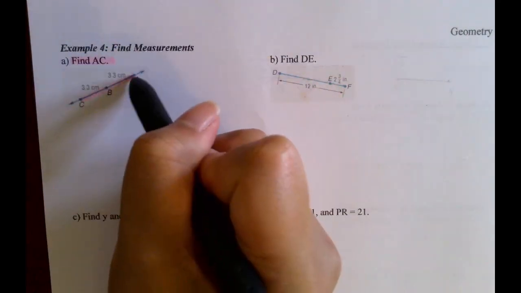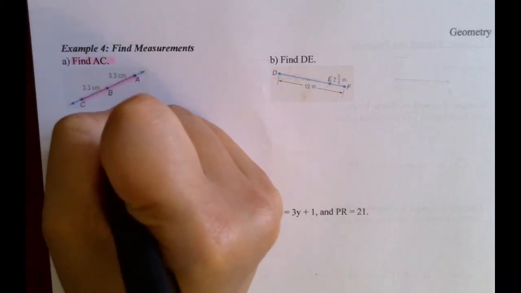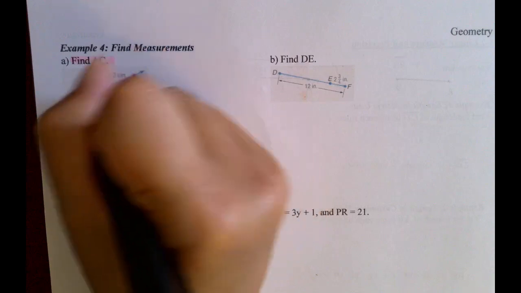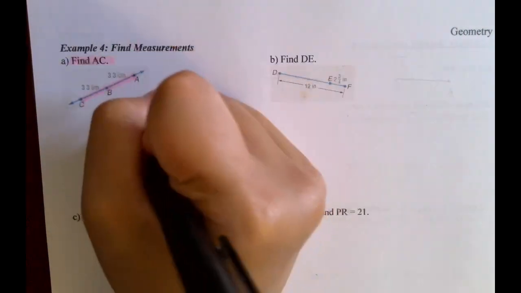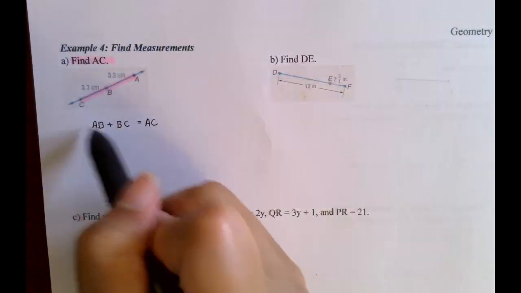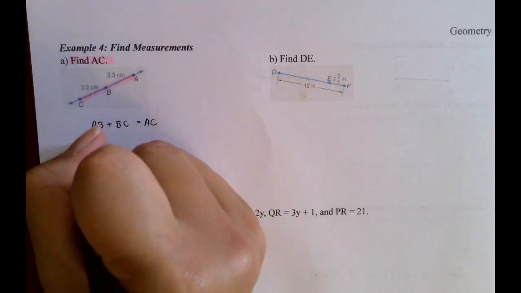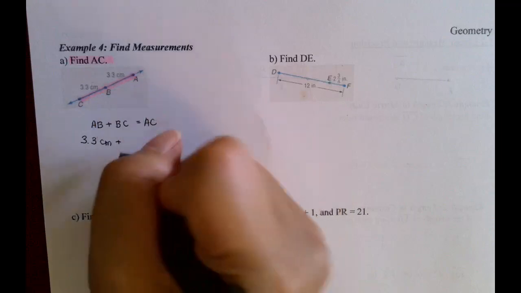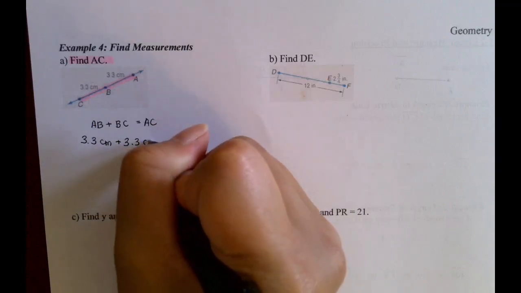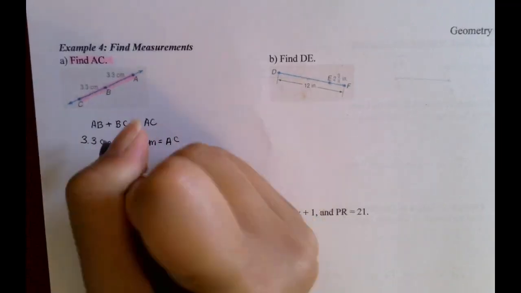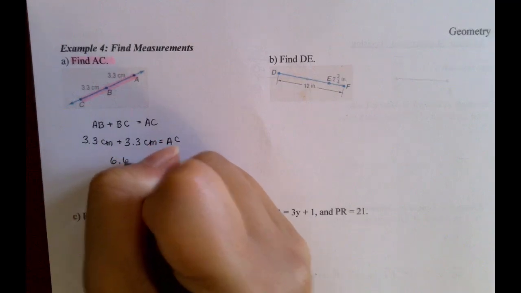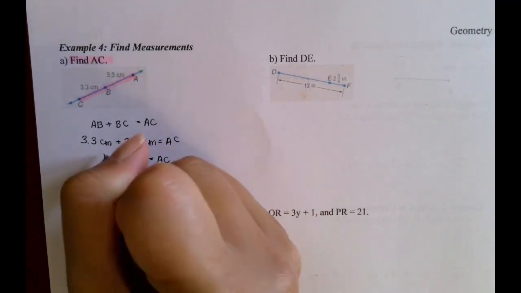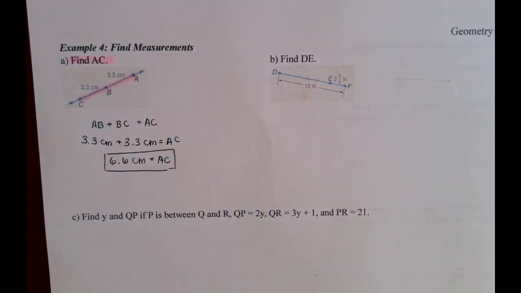So here we know that AB plus BC should equal the whole thing, which is AC. AB we know is 3.3 centimeters. BC we know is 3.3 centimeters. 3.3 plus 3.3 centimeters is 6.6. And so AC is 6.6 centimeters.